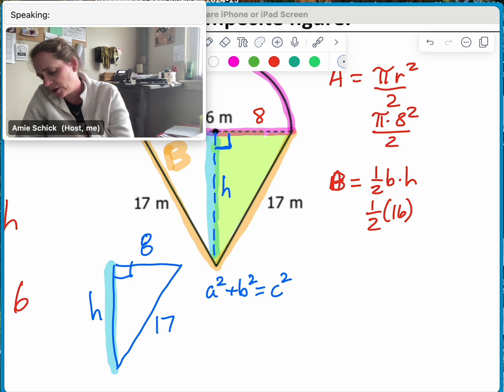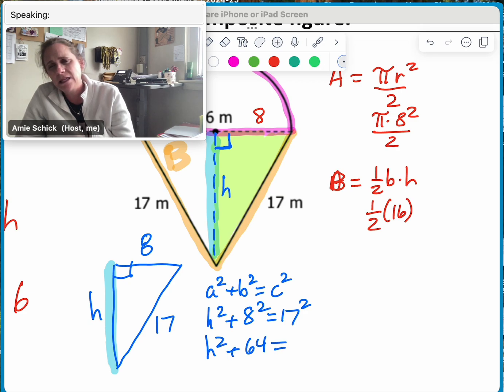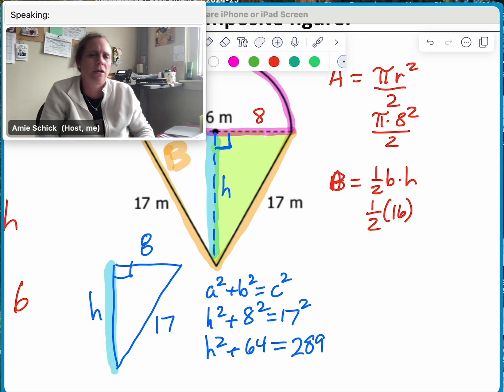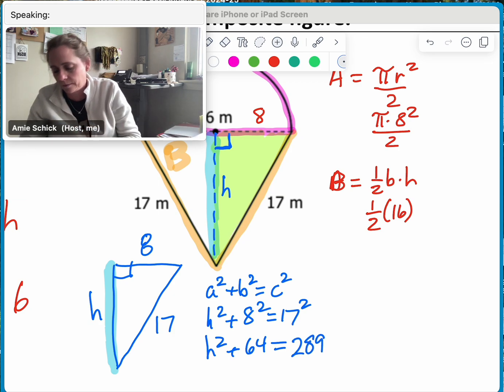Let's check things out. The 2 legs are H and 8. You decide how you want to plug those in. It's up to you. We get 64. 17 squared, I think, is 289. I guess I better check that. I'm not 100% sure. Yes, 289.